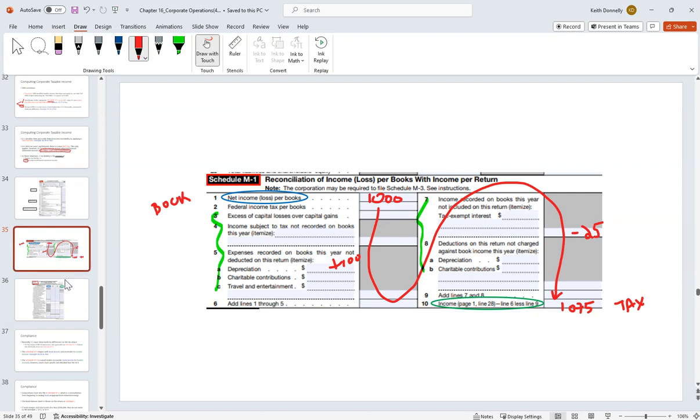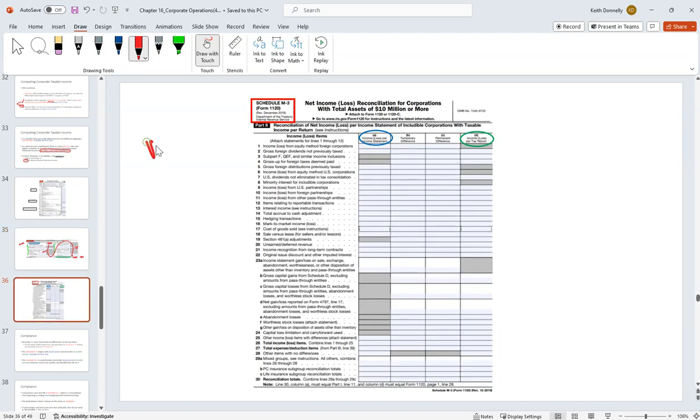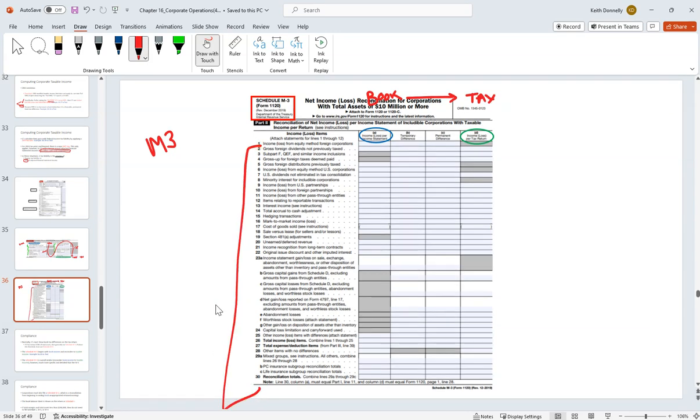Let's talk a little bit about the M3. The M3 is the same thing. You're going from book to tax, but it's a lot more specific. It's kind of like an M1 on steroids. You only have to fill out an M3 if you have more than $10 million in assets.